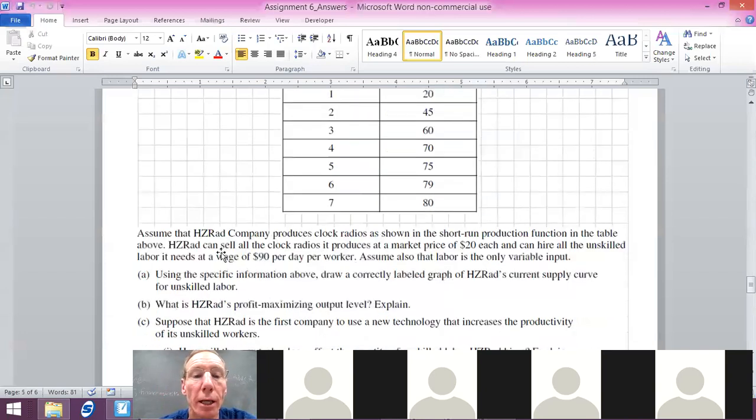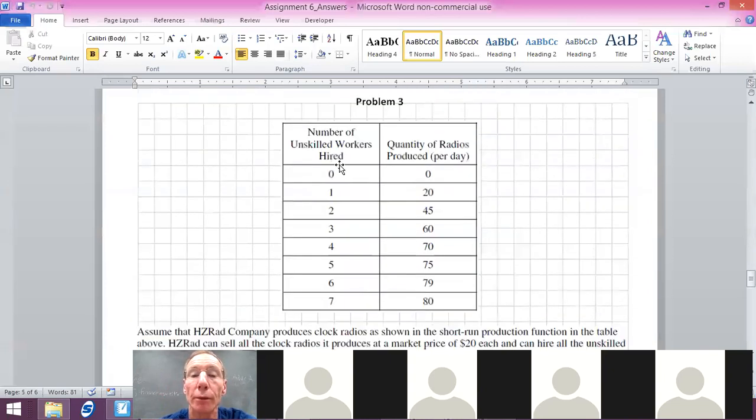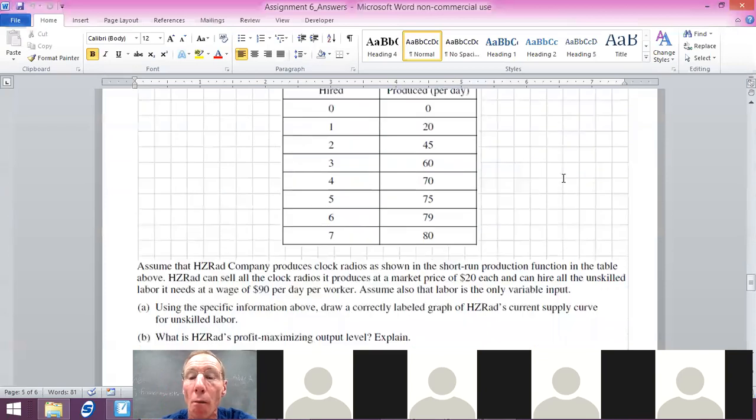This is the HZR ad company, which produces clock radios, as shown in the short run production function right here. We've got the number of workers and the number of radios produced per day. And the price is $20 per radio. That's the price.